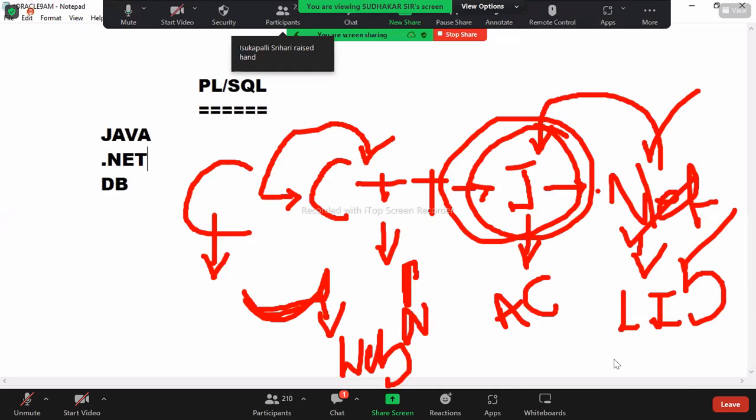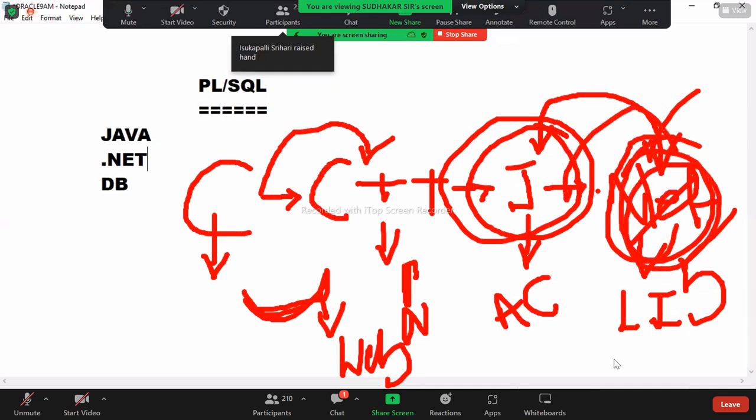Microsoft introduced one technology as a competitor for Java, and in .NET so many things were introduced compared to Java. That's why .NET is still strong in the market. Later Python and others came.